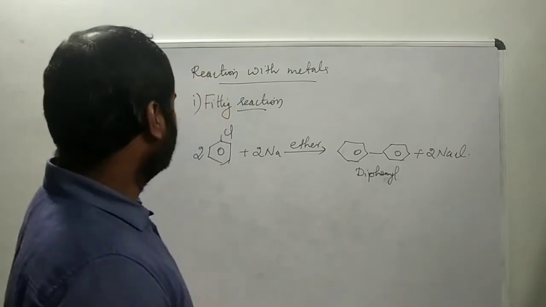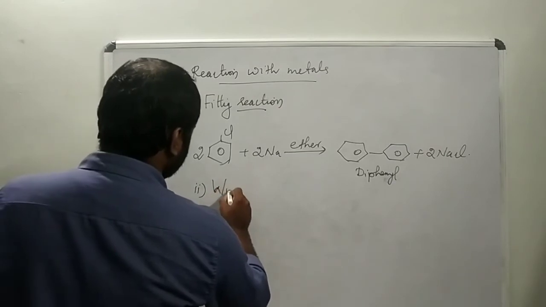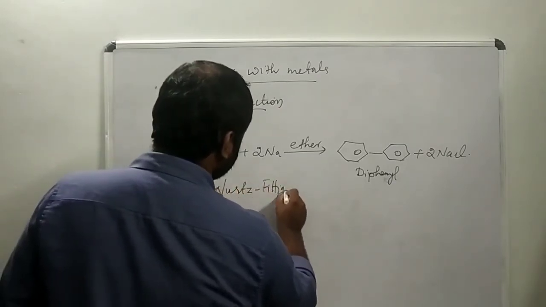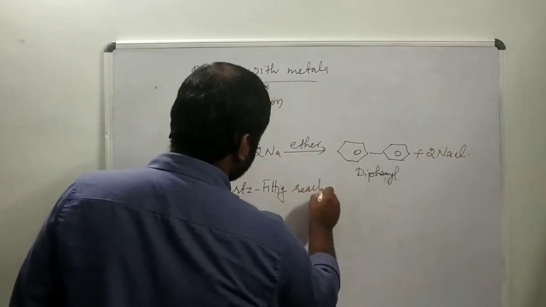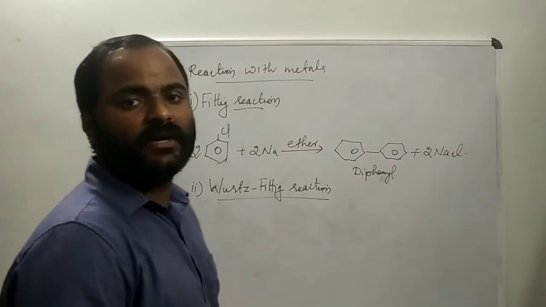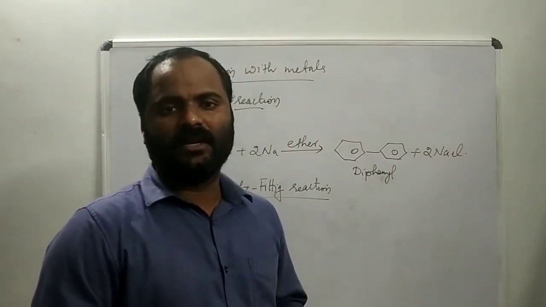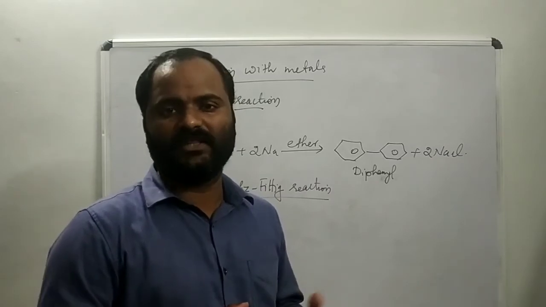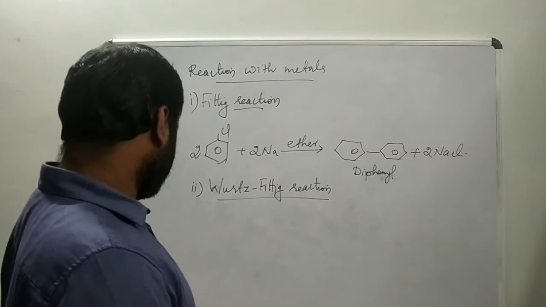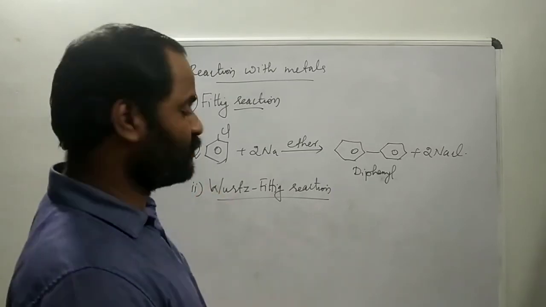Now we can see the next reaction, that is the Wurtz-Fittig reaction. The Wurtz-Fittig reaction is when haloarenes react with alkyl halides along with sodium in presence of ether, and you are getting alkyl substituted benzene, methyl or ethyl substituted benzene.